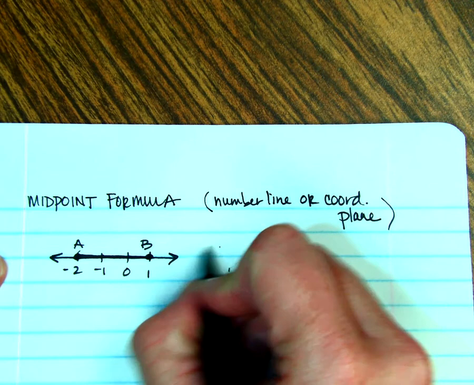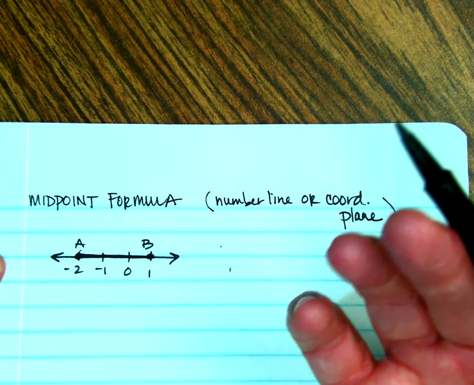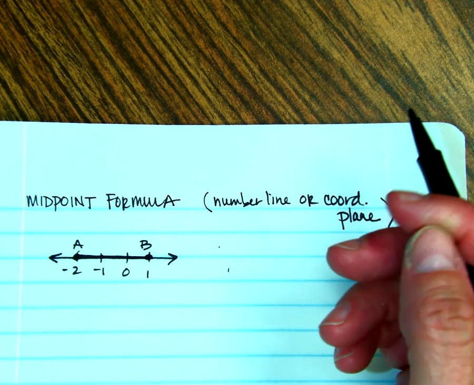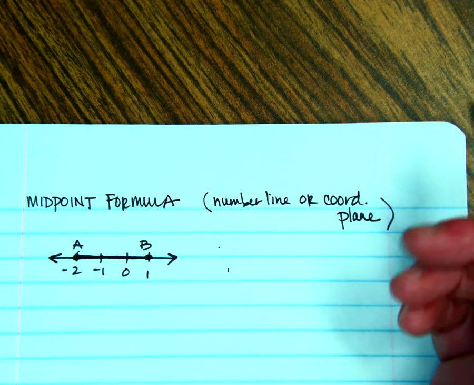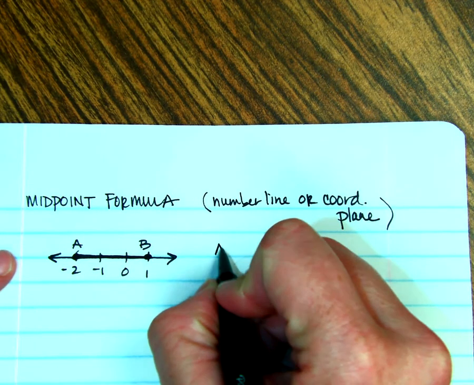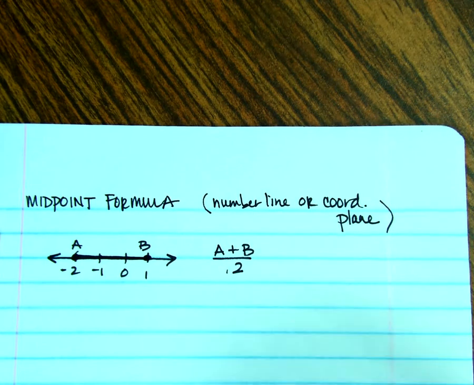It says that you can take the average. Remember, if you've had two tests, say a test score of 80 and a test score of 100, and you want to find the average, you add them up and divide by 2. It's exactly what we're going to do here. It is A plus B divided by 2.